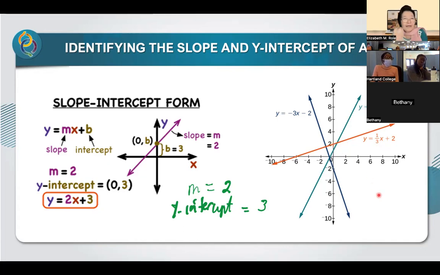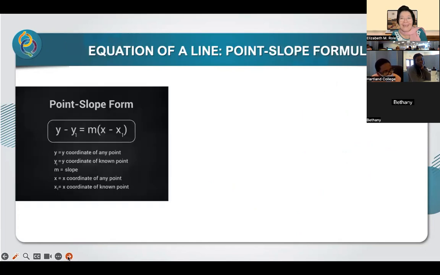So once you are given the y is equal to mx plus b form of a line, you can find immediately the slope and the y-intercept. So that's the slope-intercept form. Now, you can also find the equation of a line if you know one point and you know the slope.